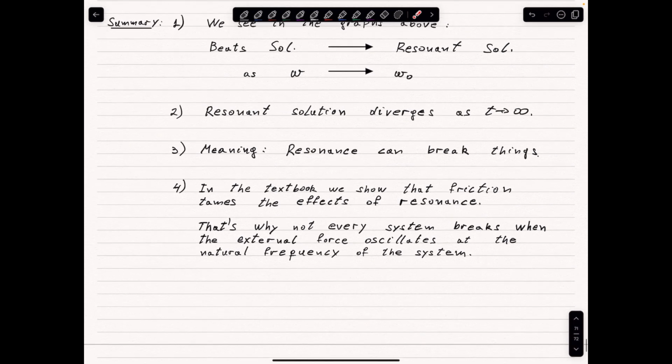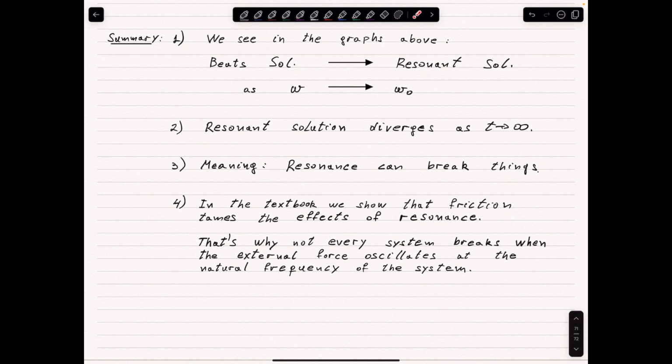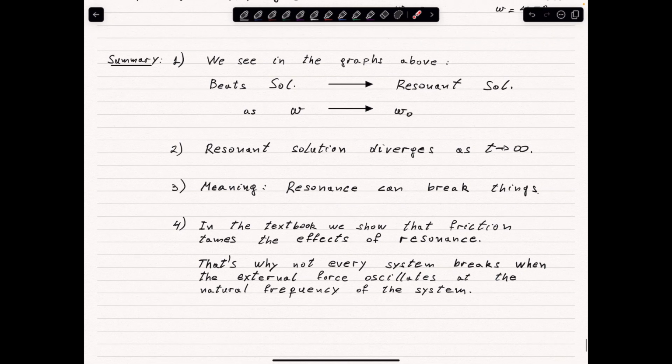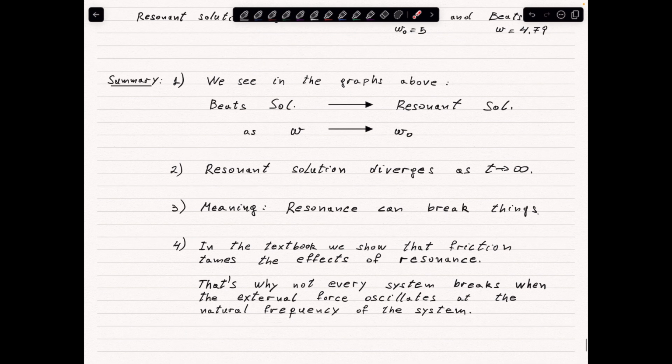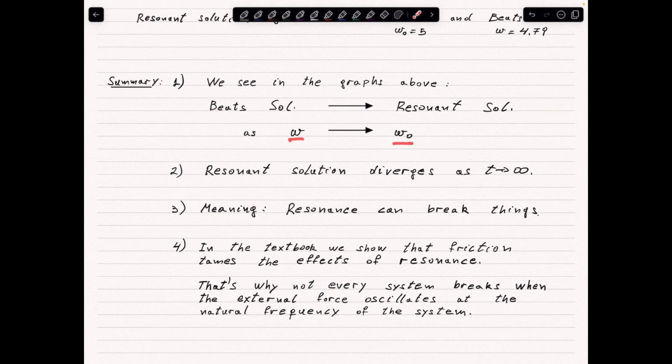So in the textbook, we are going to have a part of the section dedicated to computing the formulas in the case that we have the system we described plus friction. And we are going to see this taming, this non-breaking of the system when we have a force with the frequency equal to the natural frequency of the system.